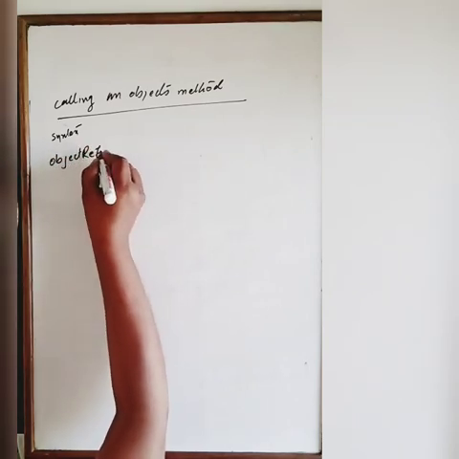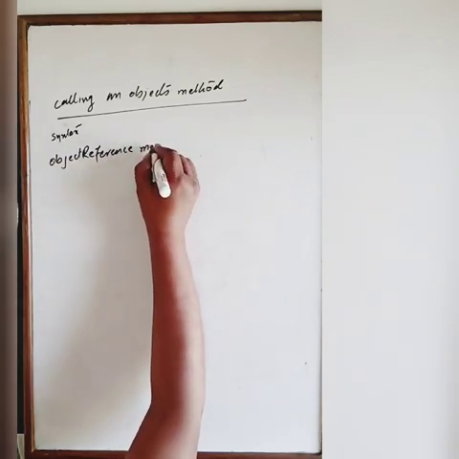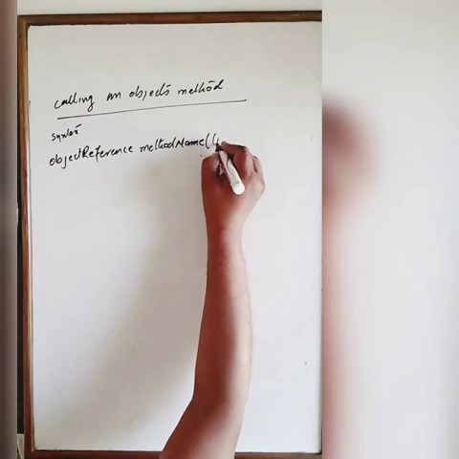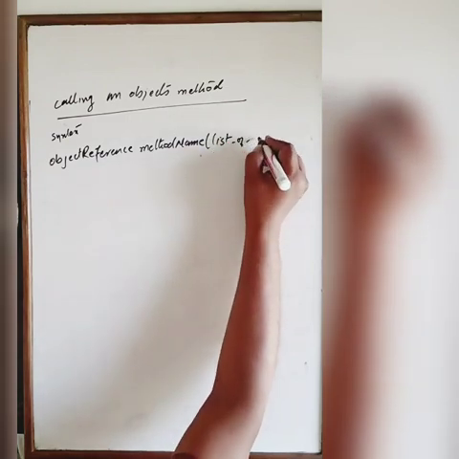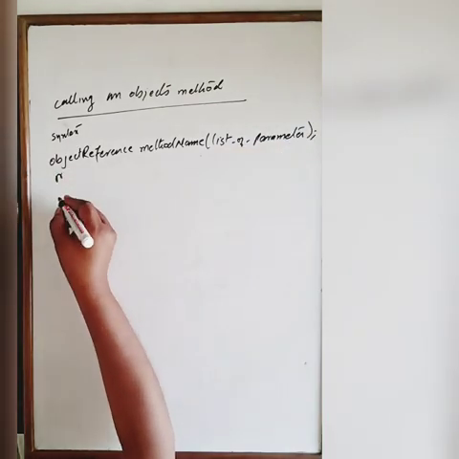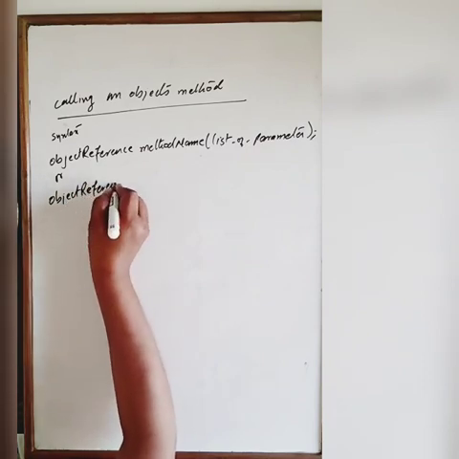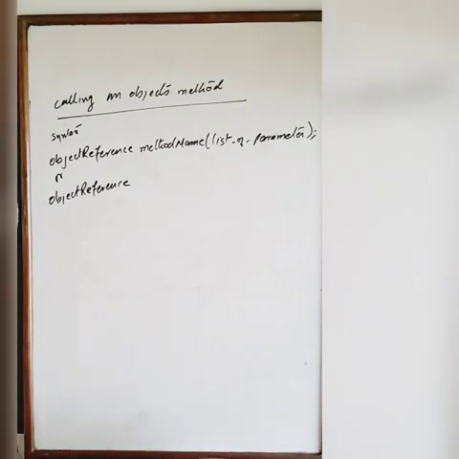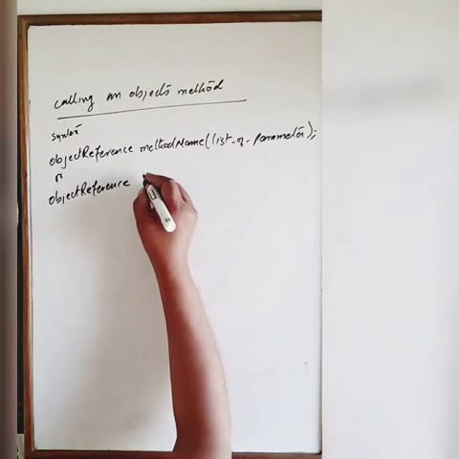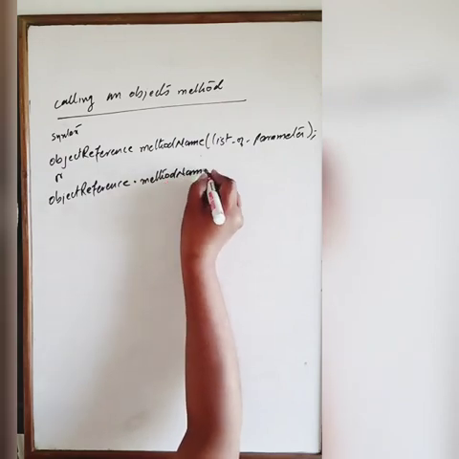object's reference dot method name (list of parameters), or object's reference dot method name.